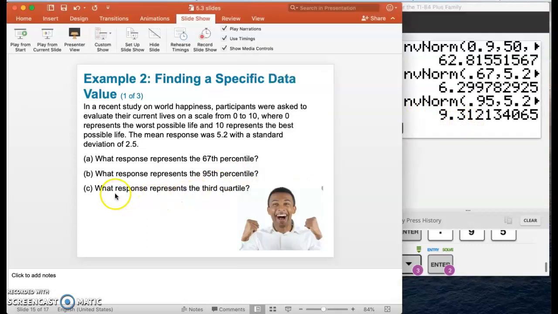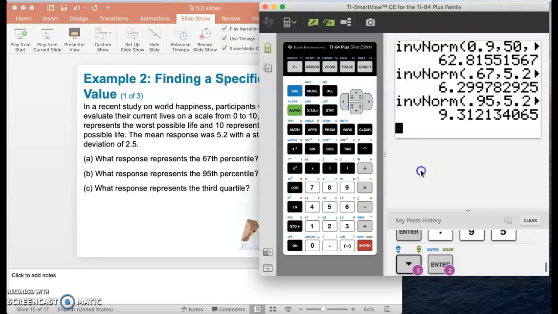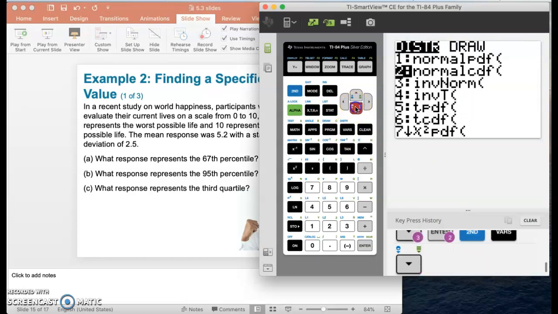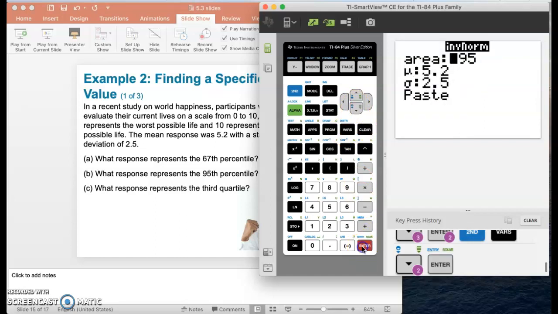Okay, C asks what response represents the third quartile. Remember, quartiles are in fourths. So the first quartile is 25%, the second quartile or the median is 50%, the third quartile is 75%. So now we're in the 75th percentile. So we're going to use the same inverse norm function on our calculator. Go to second and then vars. Arrow down to inverse norm and select enter.